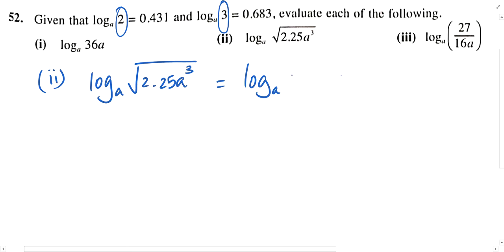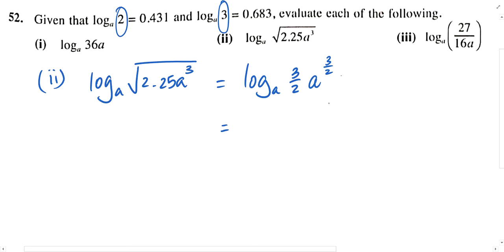Square root of 2.25 is? 3 over 2. 2.25 is 9 over 4, but square root it, you'll get 3 over 2. So here we have a to the power of 3 over 2, right? Damira, okay? Okay or not? Okay, now then you help me. What next?